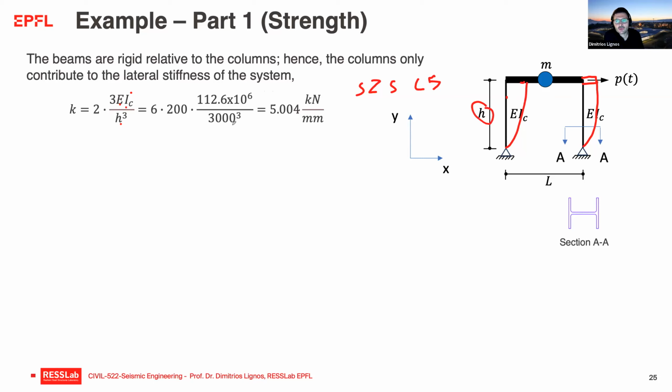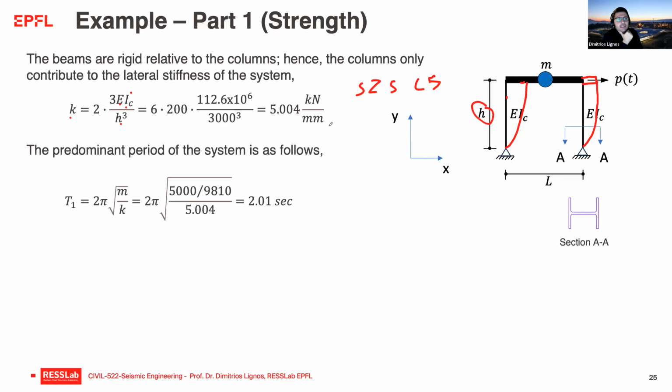And because I'm using kilonewton millimeters in my substitution, when I do the stiffness calculation, that would be approximately 5 kilonewton per millimeter. So that allows me to compute the predominant period of the system simply by using the formula 2 pi square root of m over k. And as we discussed in the previous slide, the mass of my oscillator is 5,000 kilonewton divided by g.